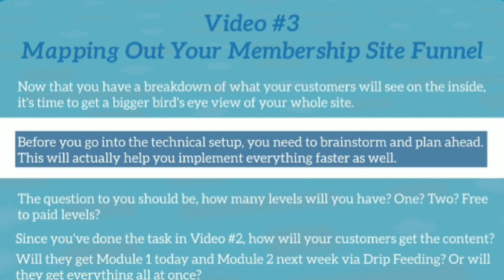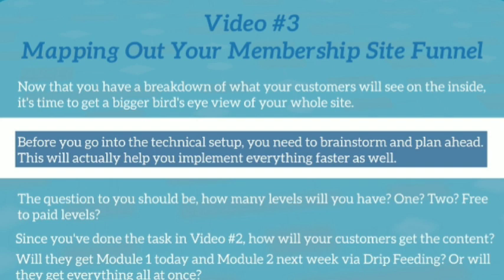And this is what we call drip feeding. So the way you can set it up is you can set up a membership site. Let's say you have a monthly membership site. You can set it up so they get module 1 for the first month, module 2 the second month, via what we call drip feeding. Now, you don't have to do it that way.